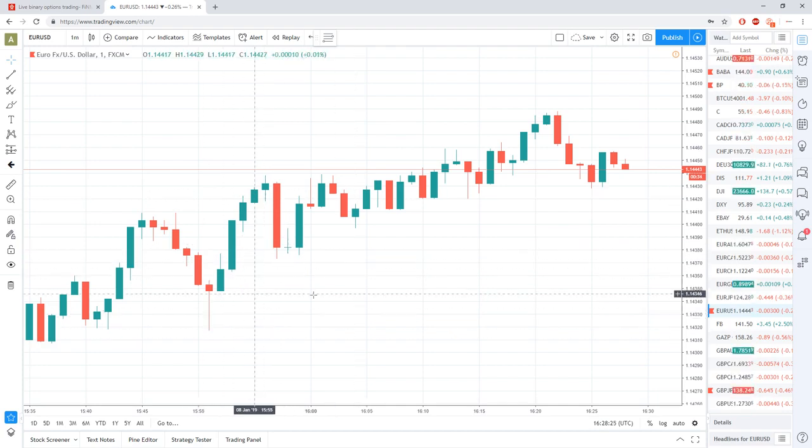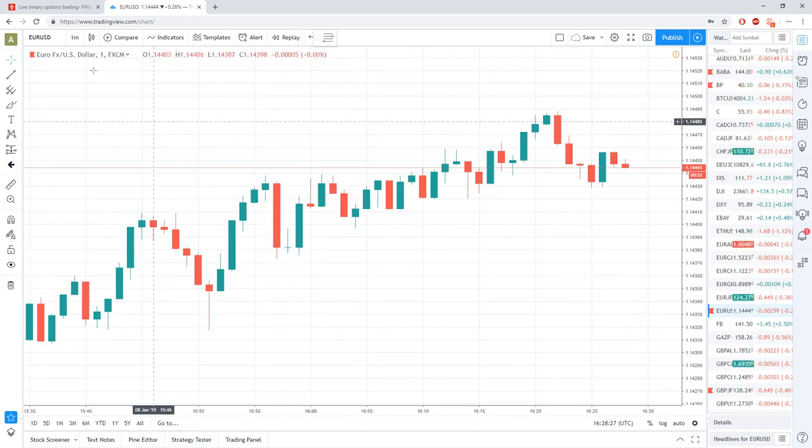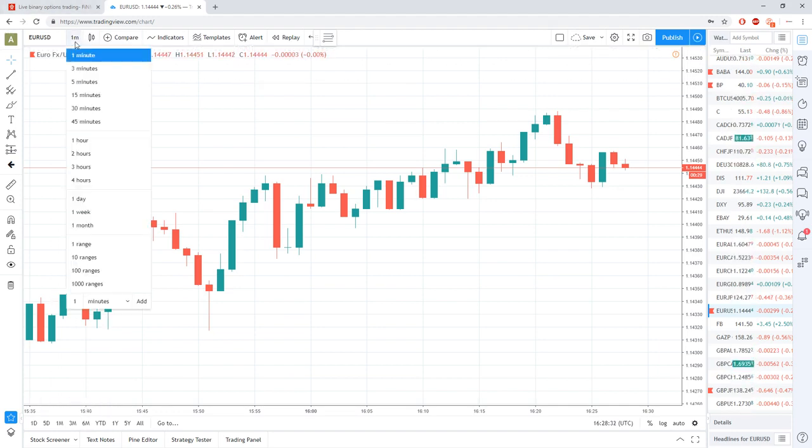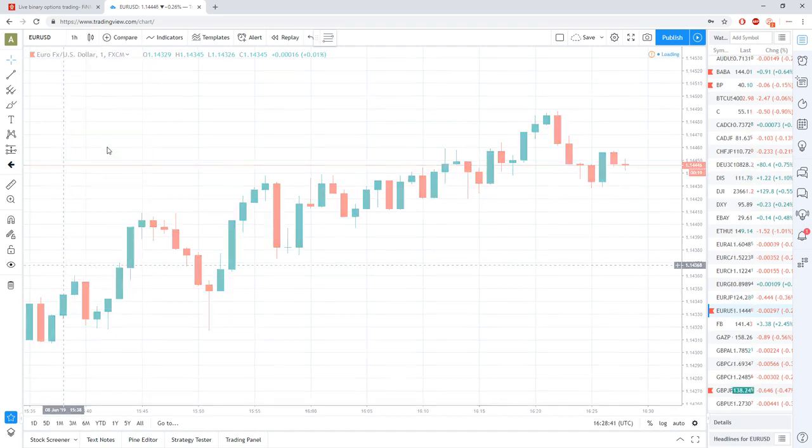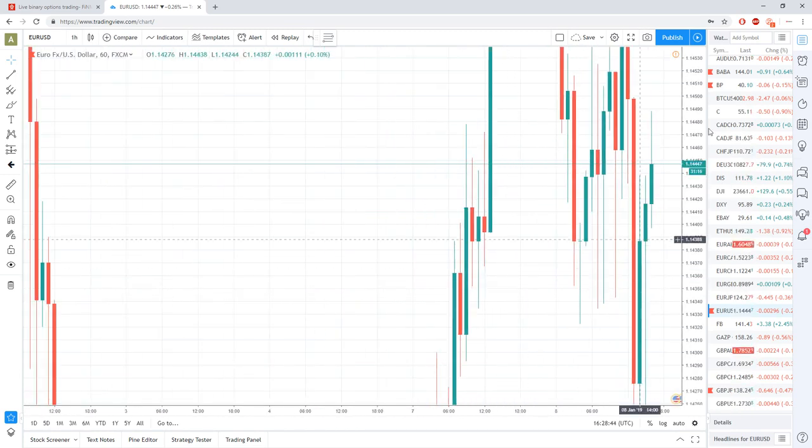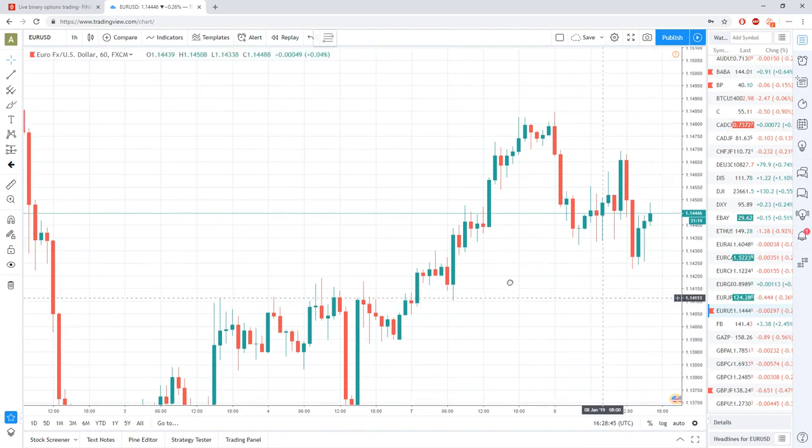Right now we have the time frame. The time frame is 1 minute. You can see it over here. You can change it to anything else that is offered. So let's say you want to analyze the market for today, and you select the 1 hour time frame.